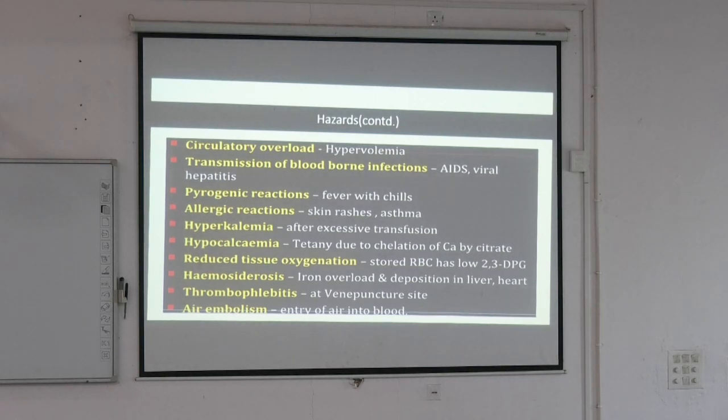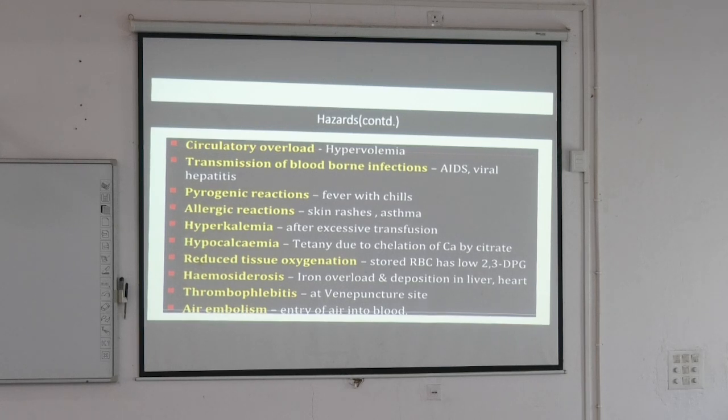So hazards are circulatory overload, so we take the precaution of slowing down the rate of blood transfusion. Transfusion of blood-borne infection, we prevent it by screening of blood before donating or transfusion: AIDS, viral hepatitis, pyogenic reaction. In the initial days, the packets and the storage system were not so developed.